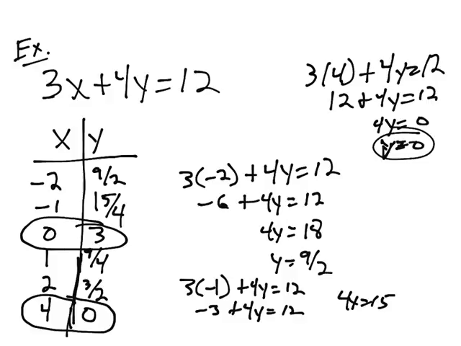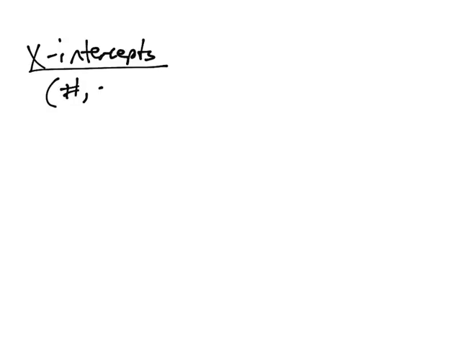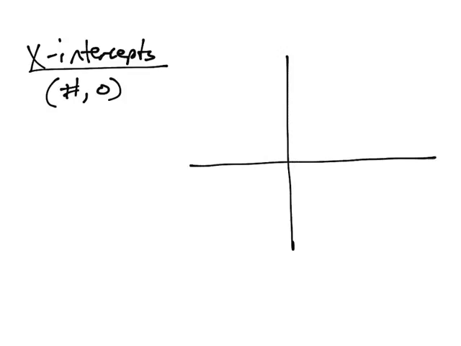So let's define those, and we'll sketch the graph of that line. The x-intercepts are always going to look like some number, comma, 0, because we're looking for the points on the x-axis, so that's where the line crosses.